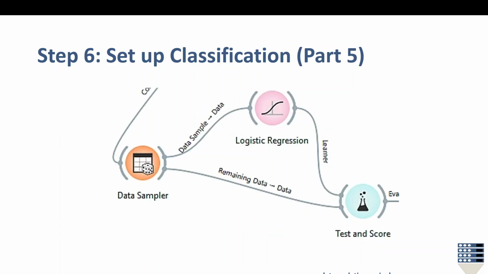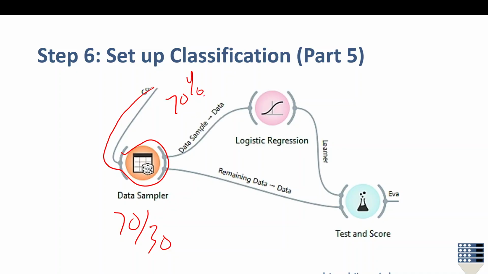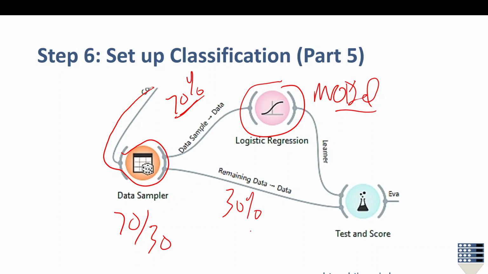Okay. So it should ultimately look like this, and this is a zoom in of what we're going to set up. So the data comes in here. We do our 70-30 split. The 70% goes to the logistic regression. This makes the model. This is the 30% remaining data.